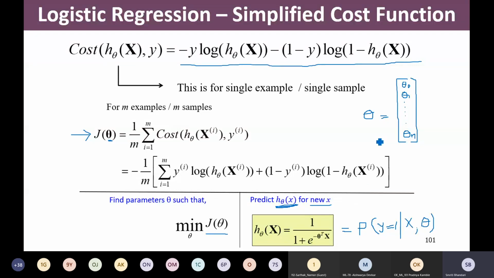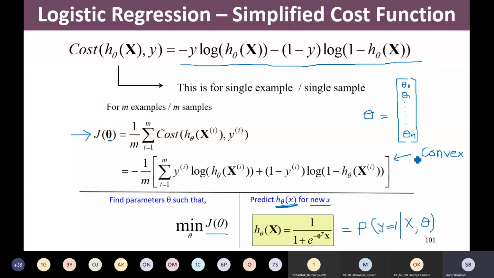And once again I am repeating, this function J of theta that we have come up with is the cost function which is convex. As I mentioned, we are not going into the mathematical details of convexity, but please remember that this function is convex and it has a single global minimum.